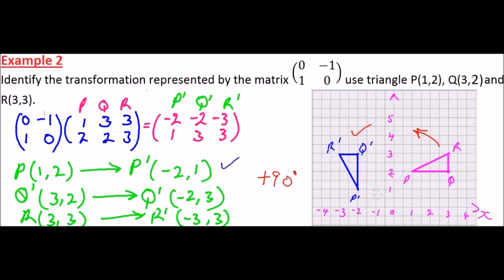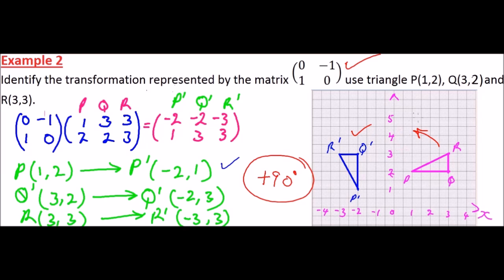So we can conclude by saying that our matrix 0, -1, 1, 0 represents a positive quarter turn as a transformation, and that is what we started with.